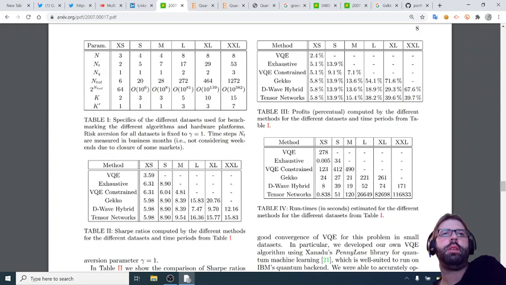VQE can't even, it's crazy that VQE and even the exhaustive, which is supposed to be this new VQE idea, just can't go past S. Oh no, that's VQE constrained. Sorry, exhaustive is classical. VQE constrained. Okay, so VQE constrained gets to size M, but it's still limited.